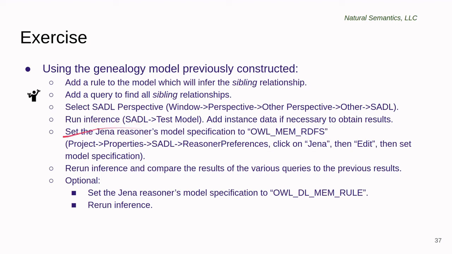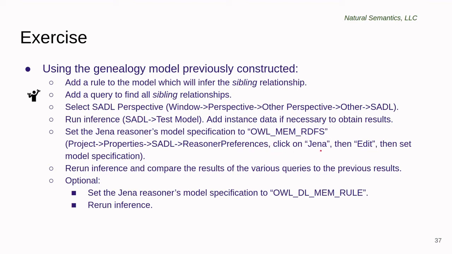Once you've completed that, then set the Jena reasoner's model specification to OWLMEM RDFS. The default will probably have been OWLMEM if you haven't modified it. Do that by going to Project Properties, SADL, then Reasoner Preferences.